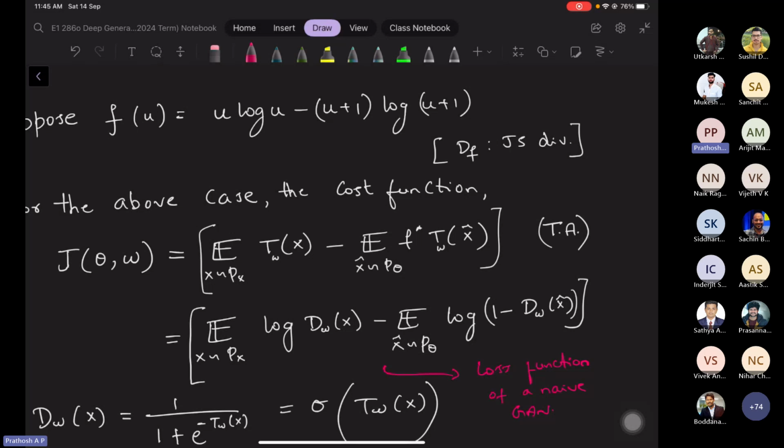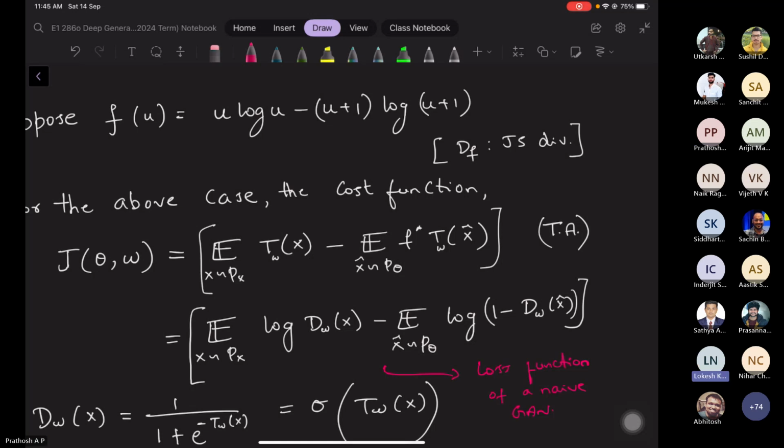Yeah, Mukesh? Sir, shouldn't f of 1 be equal to 0, like in this Jensen-Shannon divergence? Yeah, it is. I think we corrected that. Let me just see, did I make a mistake here? No, that's correct, f of 1 is 0.